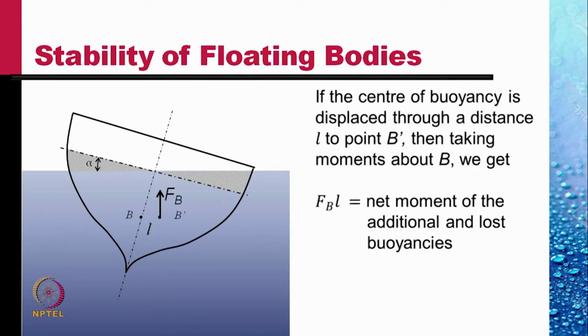If the center of buoyancy is displaced a distance L to point B prime, then taking the moment about B, we get FB times L should be the net moment of the additional and lost buoyancies. Added because of the additional buoyancy and moment lost because of lost buoyancy.